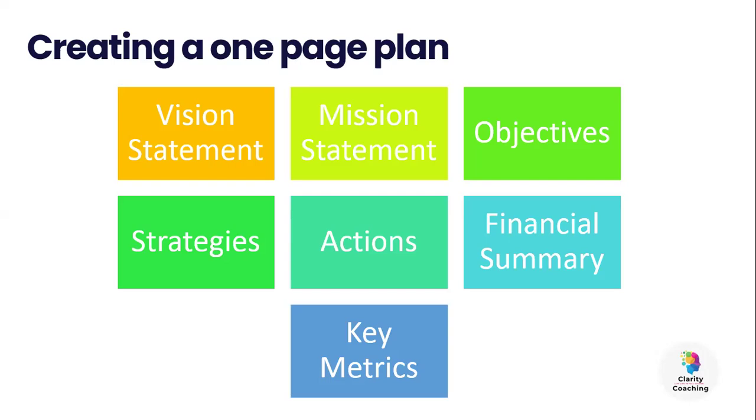The next block on here is financial summary. So this on our one-page plan would be a brief overview of the financial goals and the key metrics. So for example, in our cleaning business, we could have a revenue goal of £10,000 in monthly sales within the first 3 months. And we could have increased monthly sales by 10% each quarter.